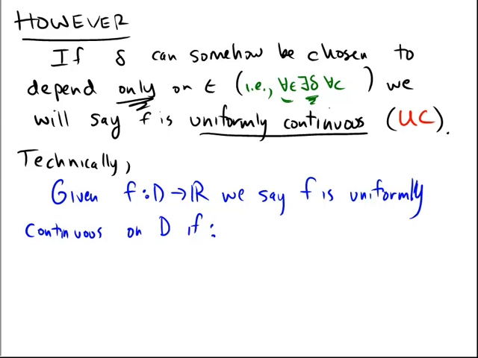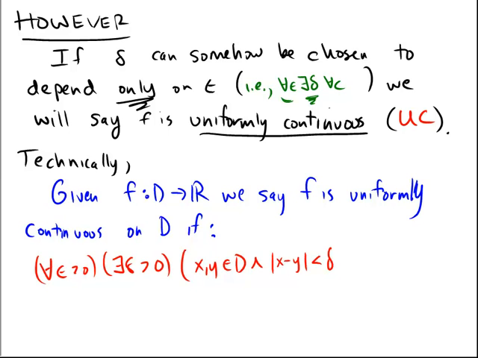To be very technical, so that we can see the formal form: given a function f going from D to R, we say that f is uniformly continuous on D if for all epsilon greater than 0, there exists a delta greater than 0, such that when x and y are both taken from the domain D and the distance of x and y from each other is less than delta, together these imply that the distance of f of x and f of y from each other is less than epsilon.